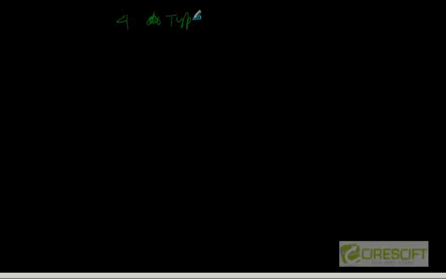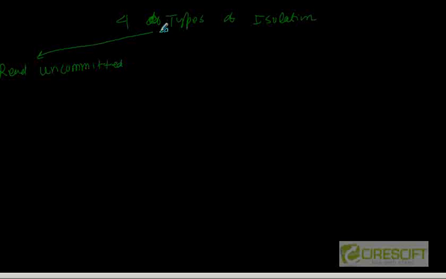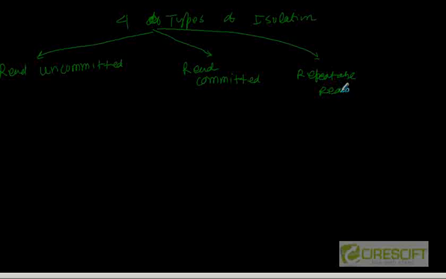Those isolations are: read uncommitted, then read committed, number three is repeatable read, and number four is called serializable. Okay, so these are the four different types of isolations.